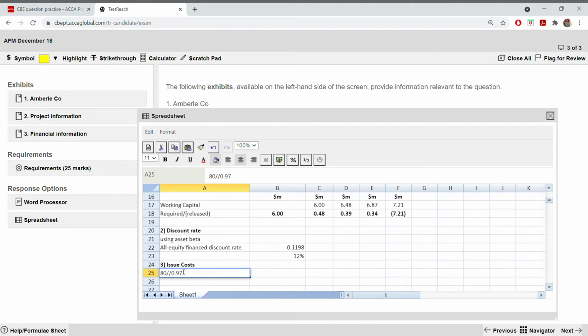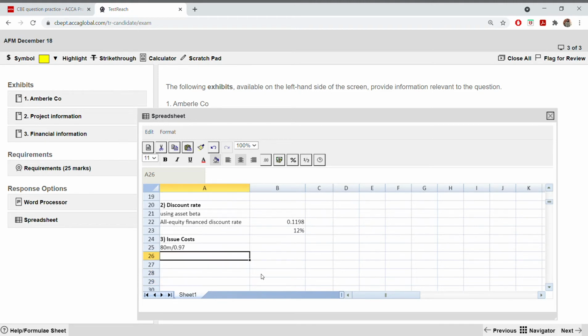Here you can do the calculation, 80 divided by 0.97. Okay, so this is the gross amount.